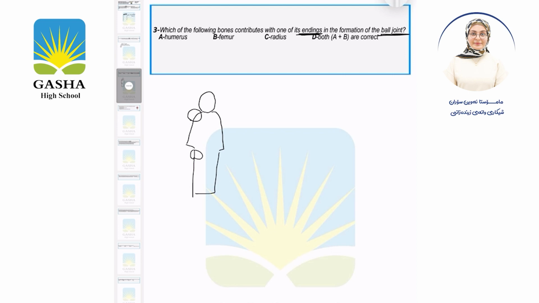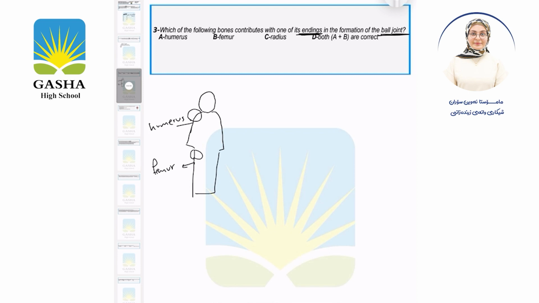What is the name of the bone of our arm? It is actually the humerus. And what is the name of the bone that joins to the ball joint at our leg? It is the femur.